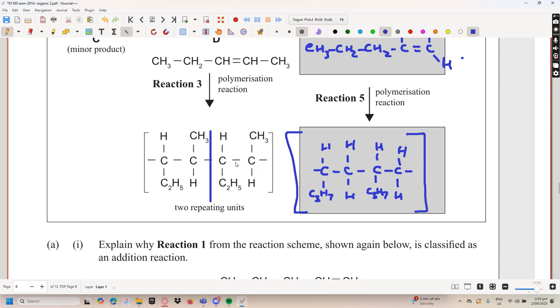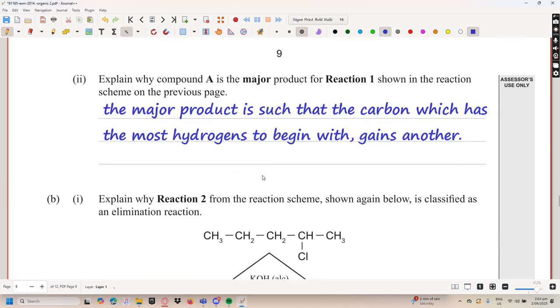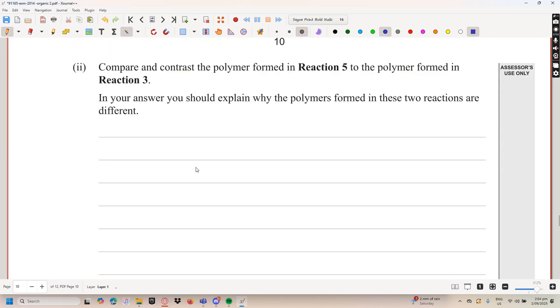Not physically, but numerically. So it's 5 carbons, 5 carbons in each. These are 3, 4, 5, and 10 hydrogens. They're actually structural isomers of one another.